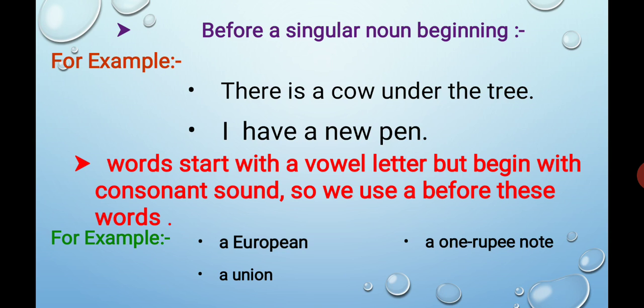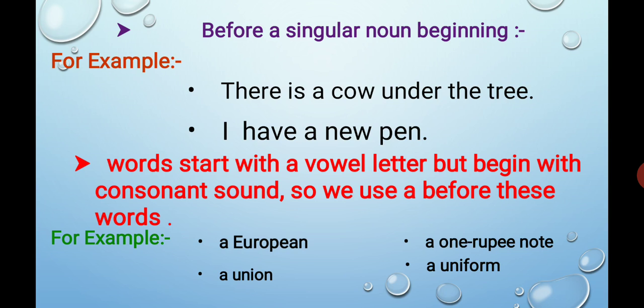The next is a one rupee note. One, right? The spelling begins with O, but the pronunciation begins with W, and W is also a consonant sound. That's why we use a before the one rupee note. Next one is uniform. It also begins with U and the pronunciation is ya.